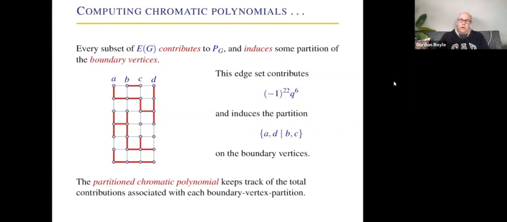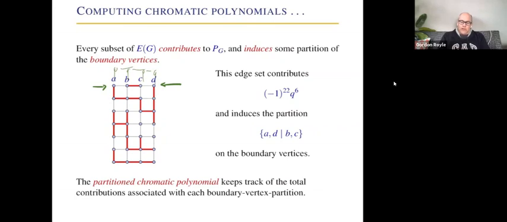Every subset of the edges contributes to the chromatic polynomial and induces some partition of the boundary vertices. Okay, so this is the boundary, A, B, C, D. What I'm mentally imagining is I'm going to build more layers onto this. I'm going to extend this lattice and keep it going very long.